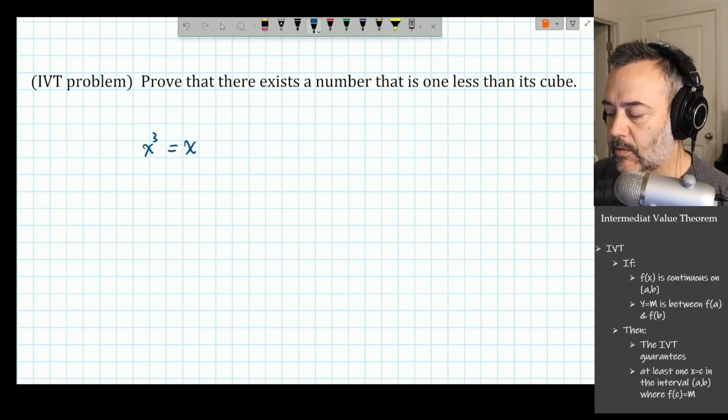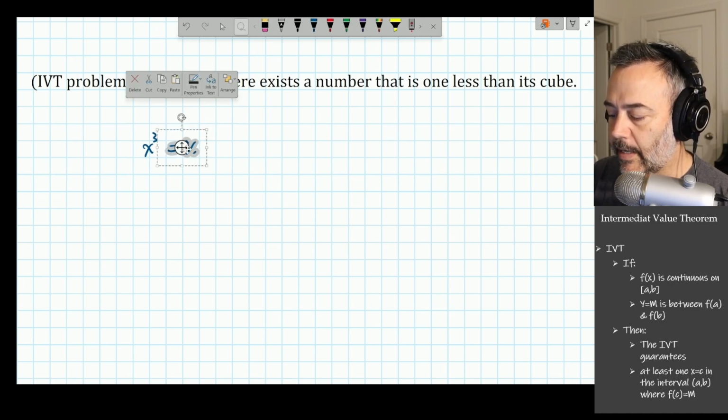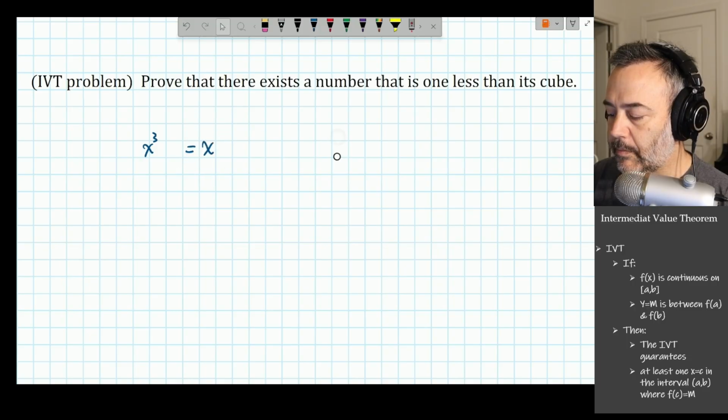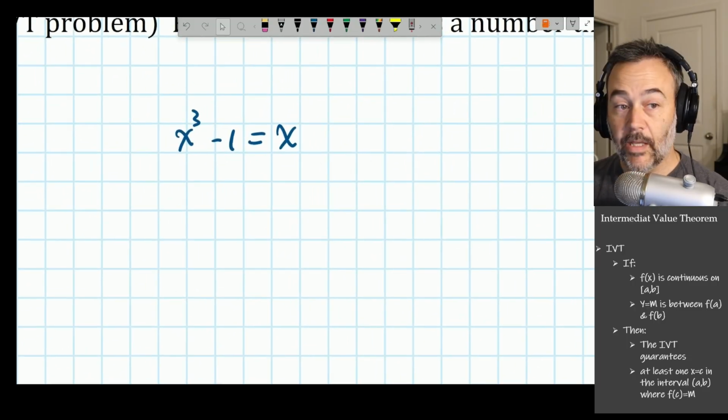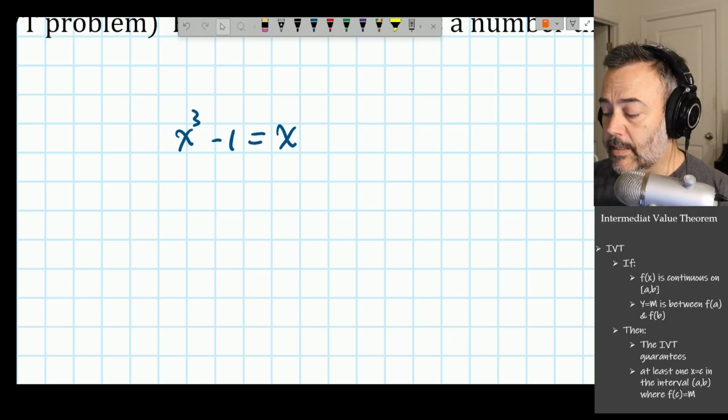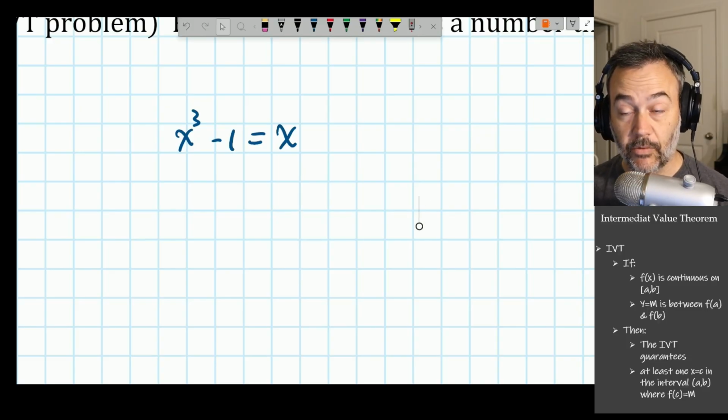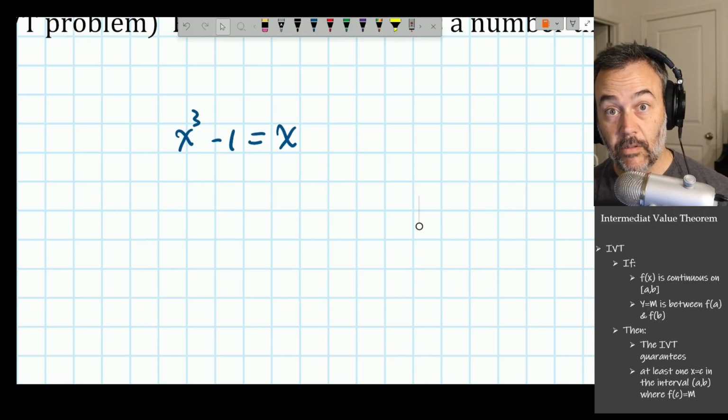Is x equal to its cube? No. x is 1 less than the cube, so we would be subtracting 1 from the cube side. This says take x cubed minus 1 and set it equal to x. If I can find a number that makes this equation true, then I have found a number that is 1 less than its cube.